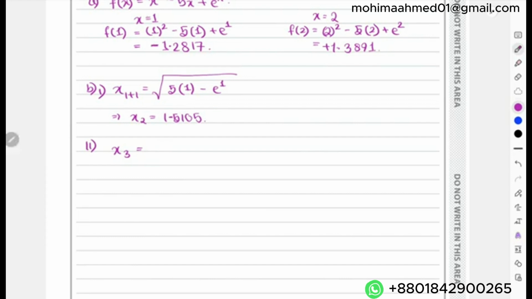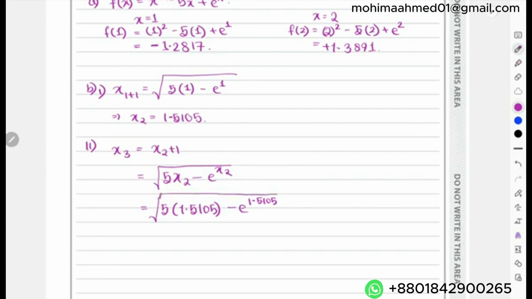So for x3, I'm doing x2 plus 1, which is basically 5x2 minus e power x2 to the power of 1. And then again, I'll input the values of x2, which was 1.5105. So you have 1.5105 minus e to the power of 1.5105, and this entire thing under a root.